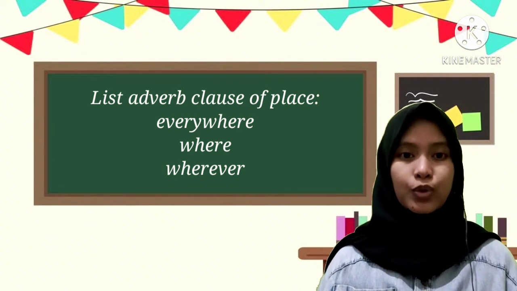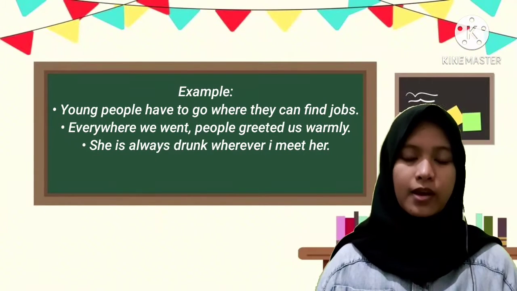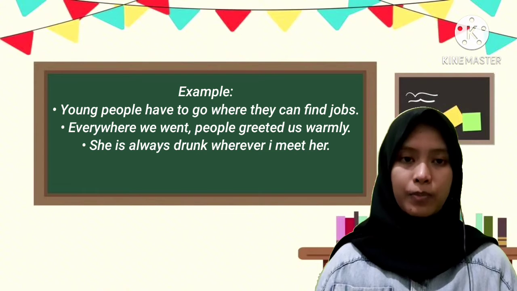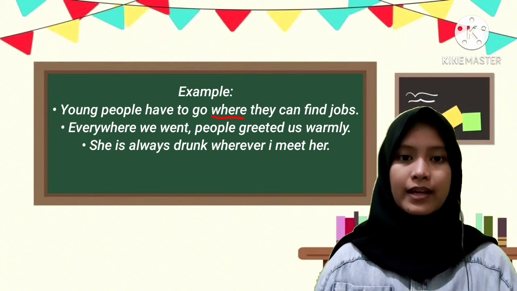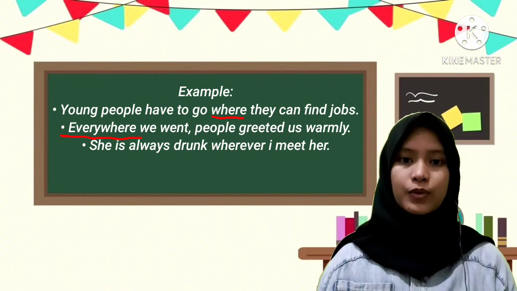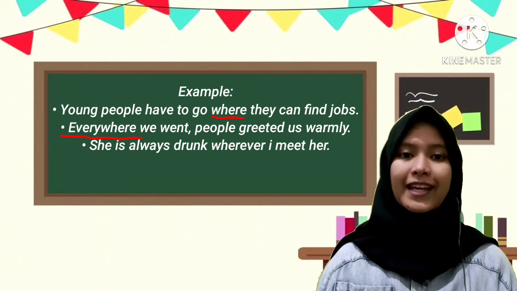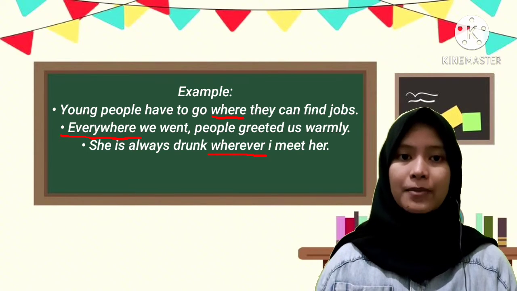Everywhere. 2. Where. 3. Wherever. For example, first, young people have to go where they can find jobs. Second, everywhere we went, people greeted us warmly. Third, she is always drunk wherever I meet her.